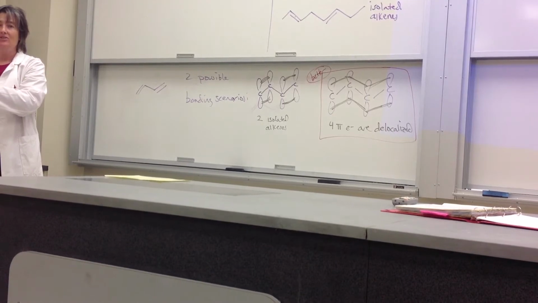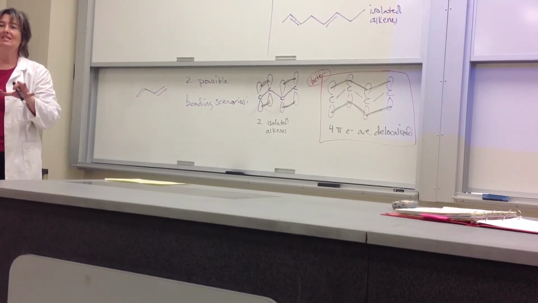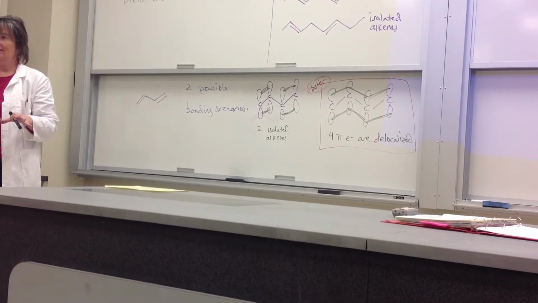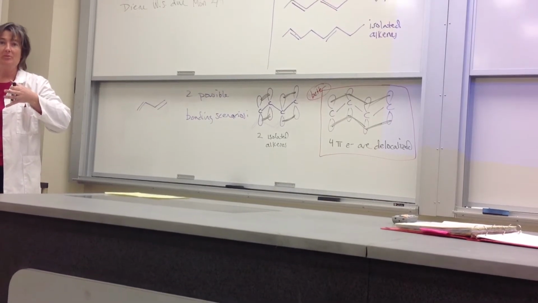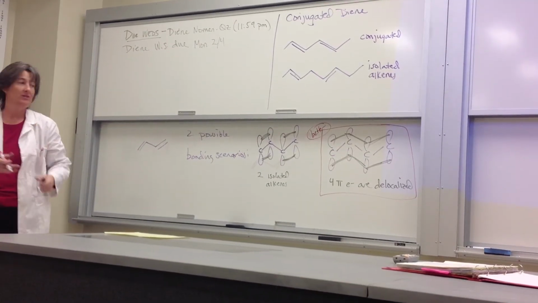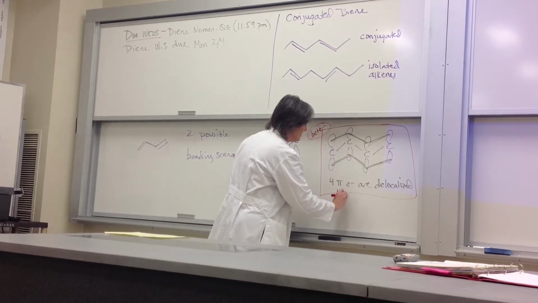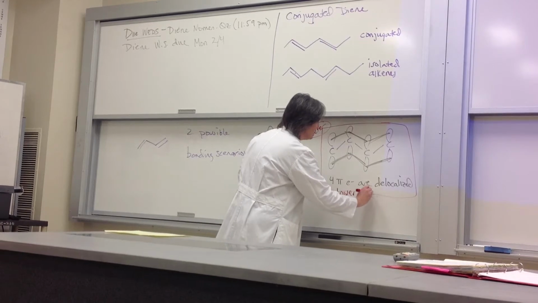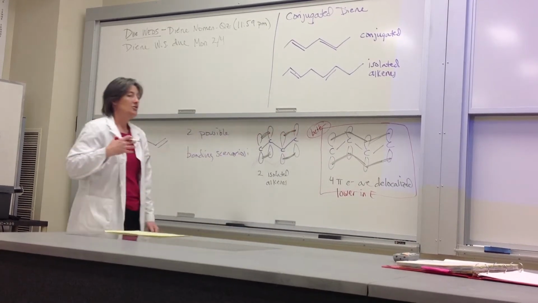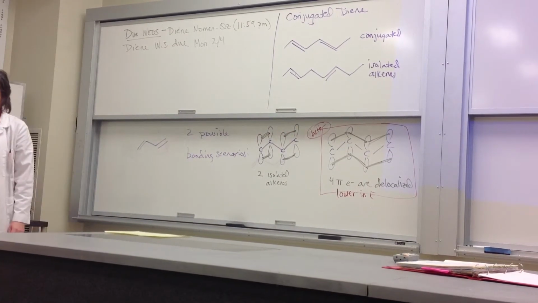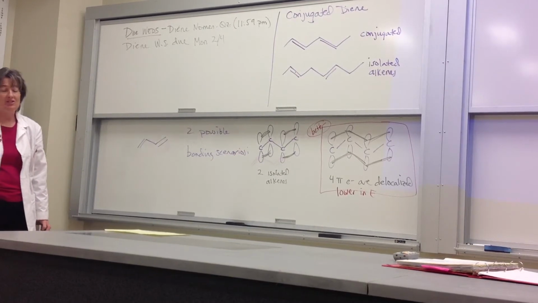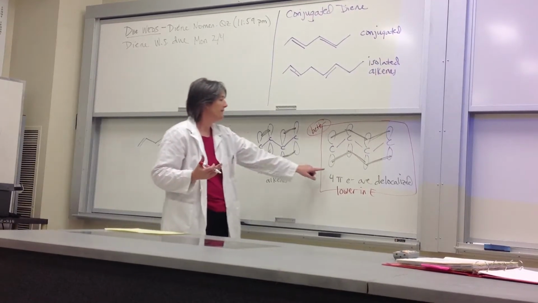So the more resonance structures, the more delocalized your electron cloud, the less concentrated it is in any one spot, that's a better thing. So this one right here, with the calculations, ends up being lower energy.